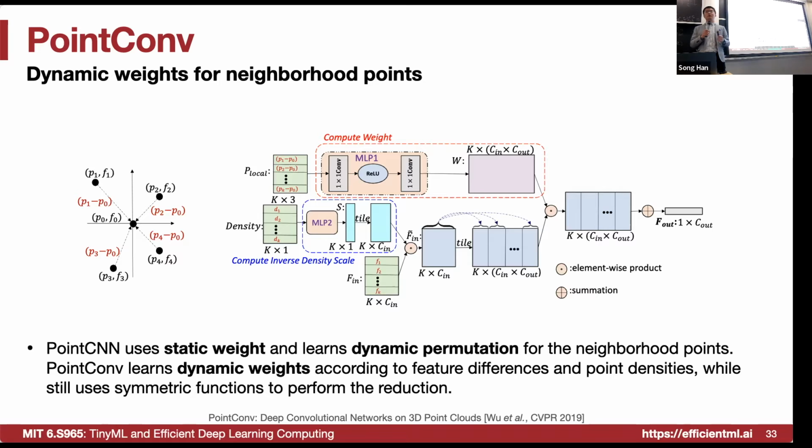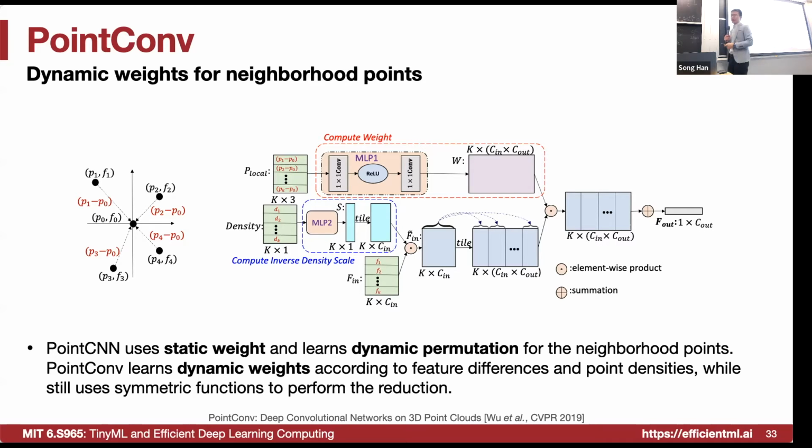We have the notion of the relative location between a particular kernel point and the central point. And so here we subtract P0 from the other points, which is measuring the distance. So we apply both the density and also the relative distance with respect to the centroid to do the convolution.